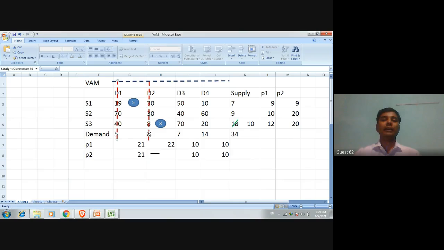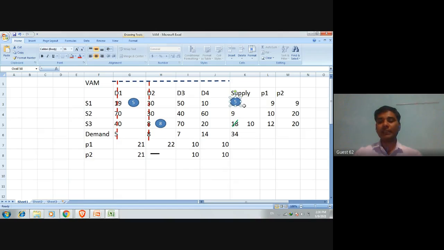Now, how many units are left with plant S1? It has supplied 5 units and the maximum capacity of plant S1 was 7 units.